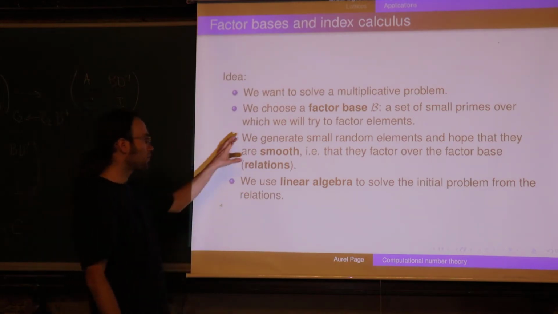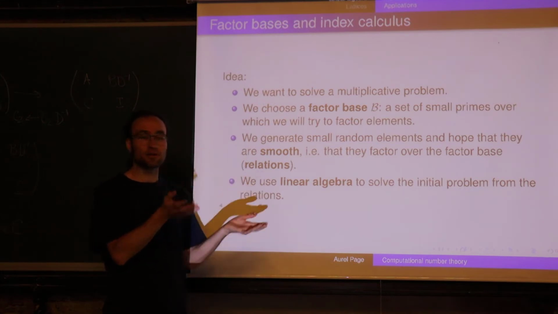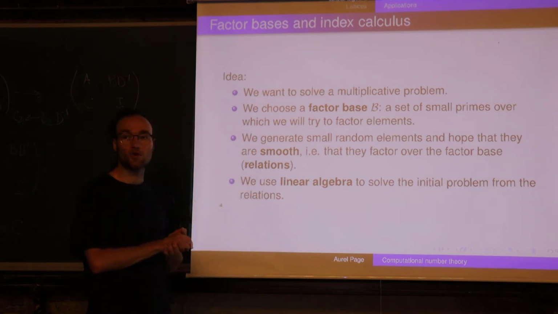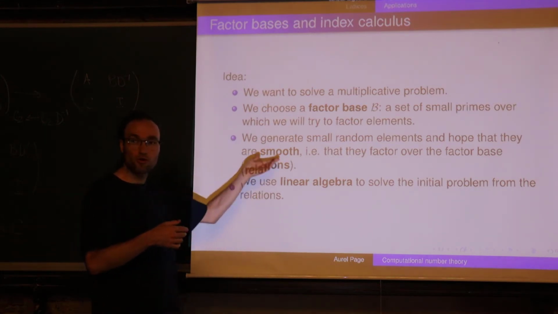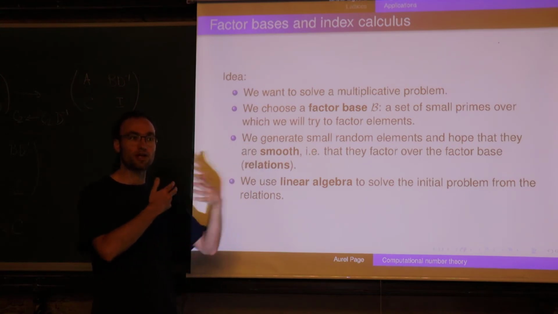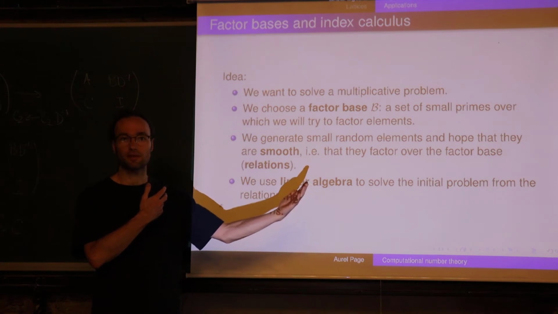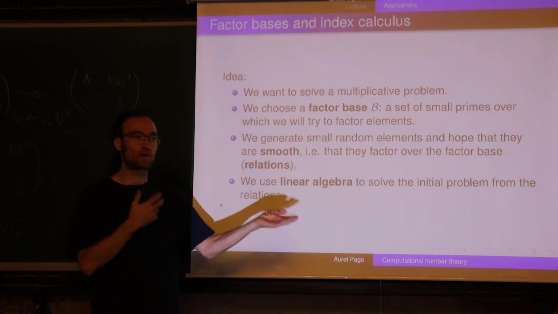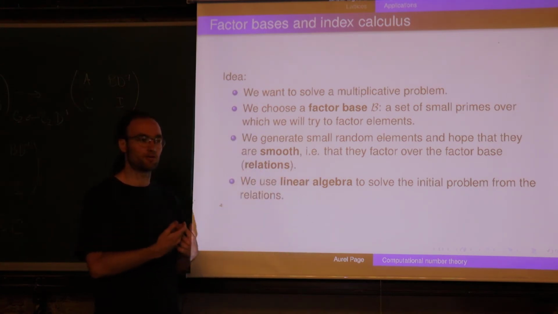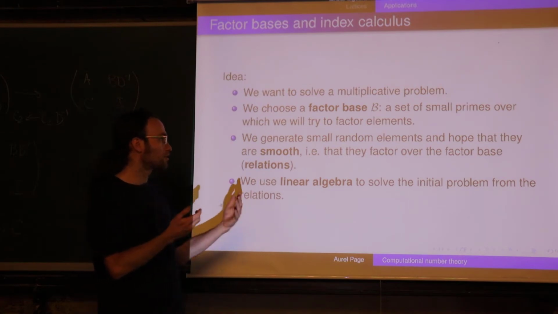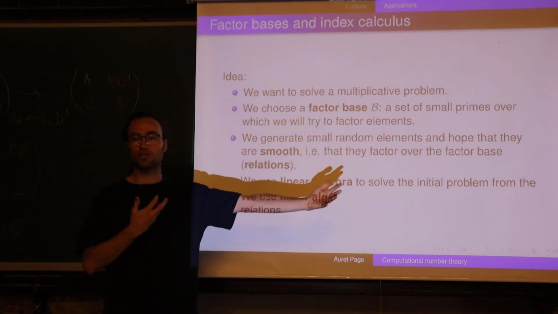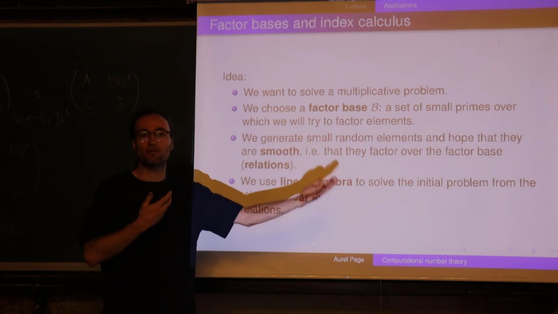And then, in some way, we generate random elements in our context, and we hope that they are smooth. So smooth means that they actually are a product of the primes that we selected as our factor base. So this will not always happen, but for your algorithm to work, you have to take a factor base that is large enough so that it actually happens somewhat often.